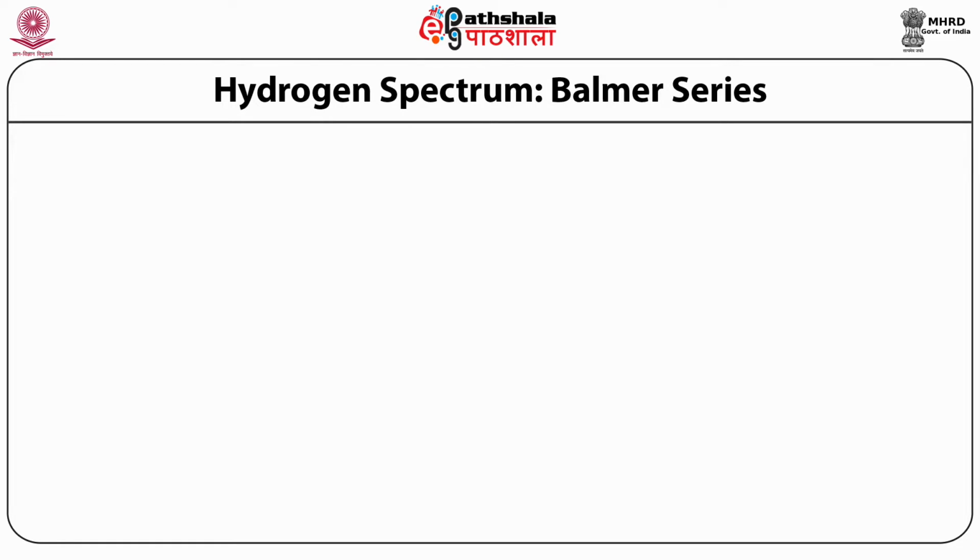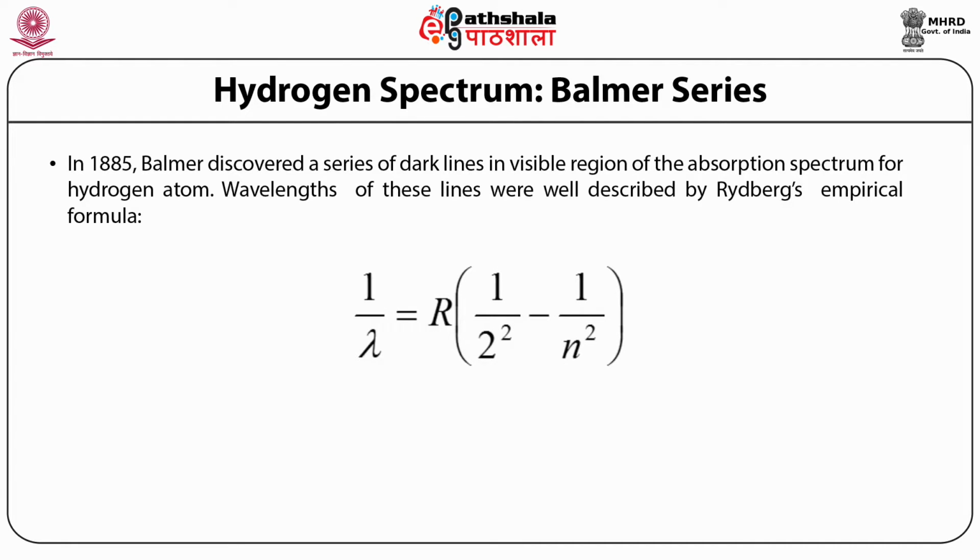Now we come to the hydrogen spectrum, and the spectrum which is observed in the visible region is called the Balmer series, and it was observed way back in 1885. It was observed by Balmer, who was a school teacher in Switzerland.